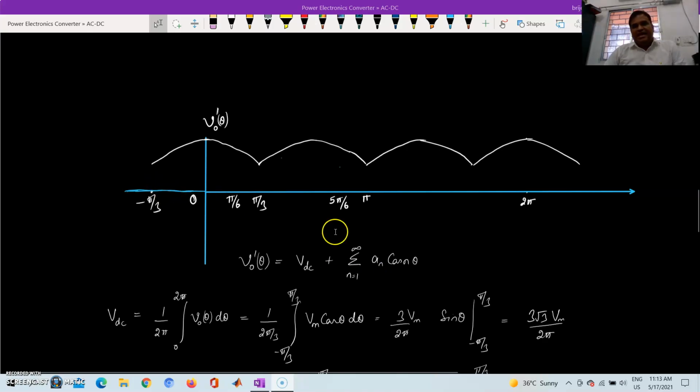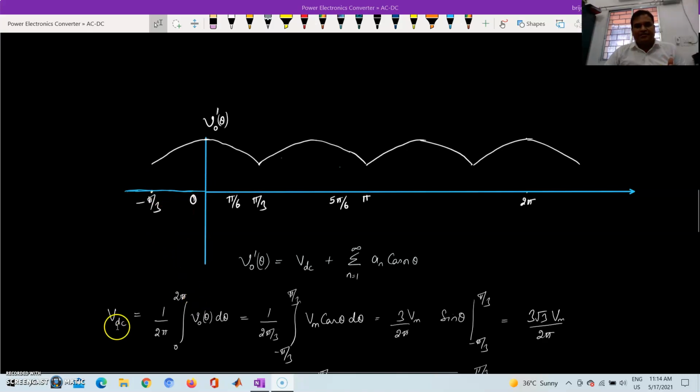Now we simply have to evaluate the value of An and the average value. Shifting the y-axis will not make any difference, apart from adding a phase lead at the end. So let us first take this waveform and evaluate the output voltage.